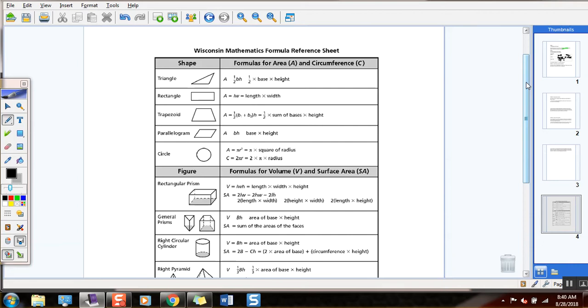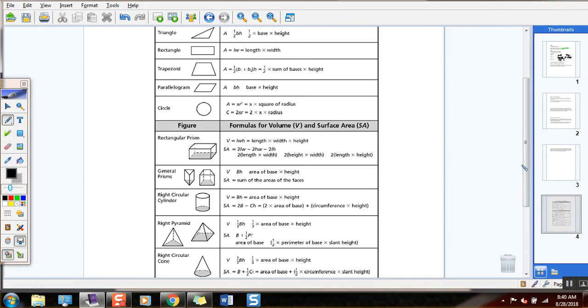Okay. We're looking for a volume here, so all your volume formulas are going to be right in here. Okay. What's the volume? Doesn't the brick kind of look like this rectangular prism right here, kids? What's your volume formula according to this? Length times width times height. This little sheet's kind of a nice one to have. I would encourage you to have this out probably for the rest of the chapter because you're going to want to know these formulas, all right?